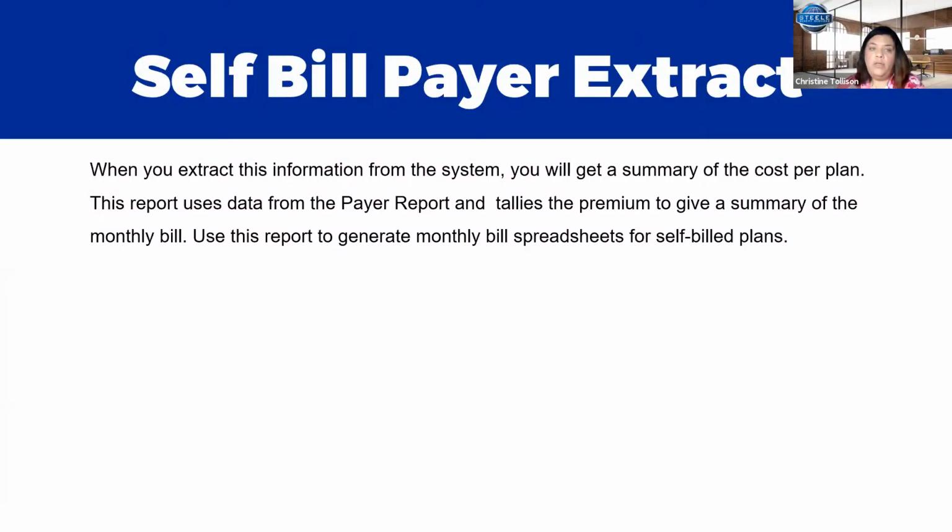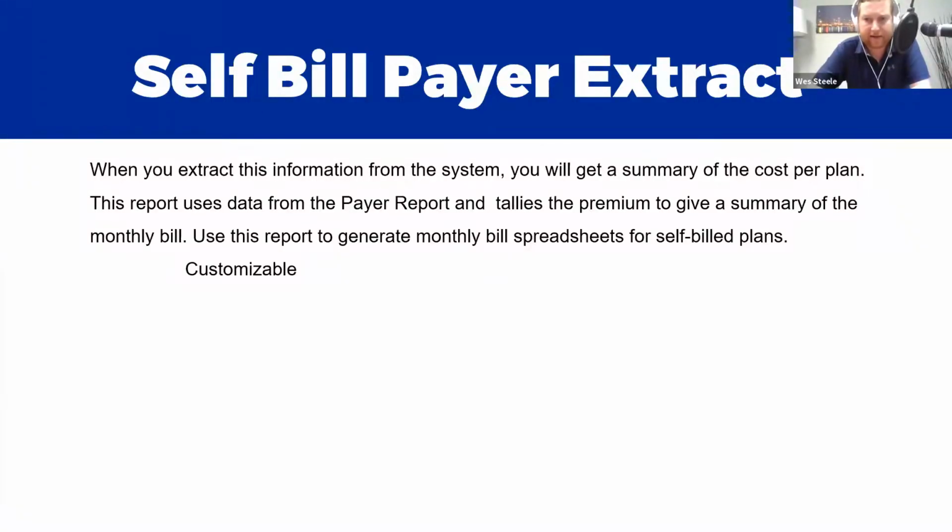So you can do that using the self-bill payer extract. And then what that does, there are some detailed tabs that are associated with it as well, but it allows our system to be the system of record for any coverages, so that when there's claims that are needing to be processed, the information would be housed within Selerix.